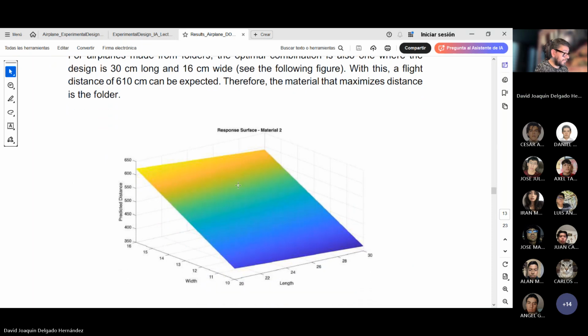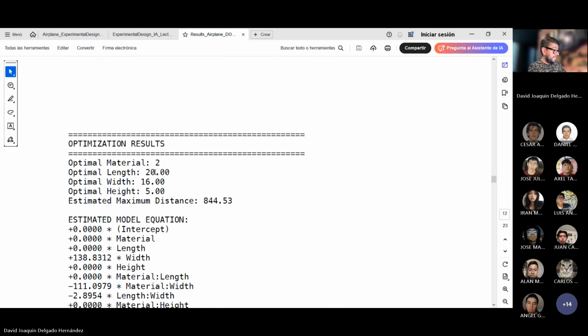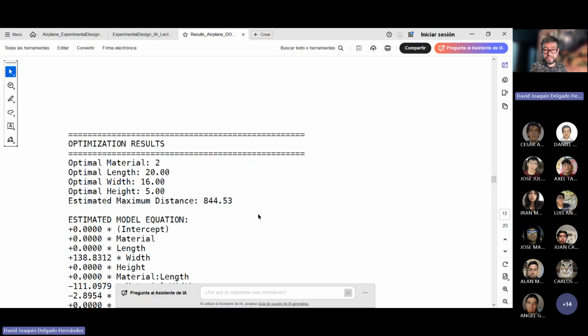So again, with this combination, 30 and 16, you can reach more than 6 meters with folder. So folder is a better material than the bond paper, right? But if you combine material 2 with a short length of 20 and the width of 16 and the height 5, you can reach up to 8 meters of distance.